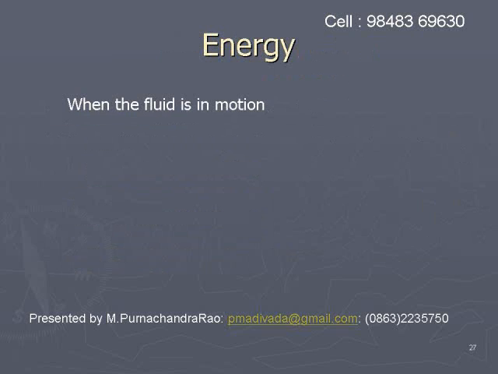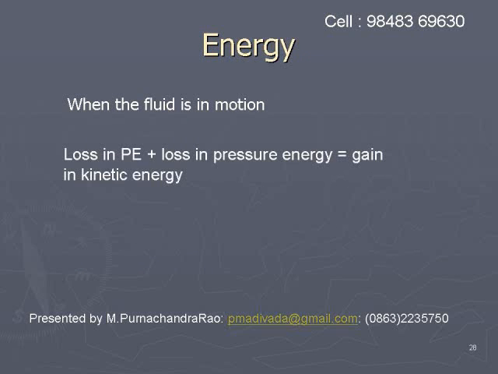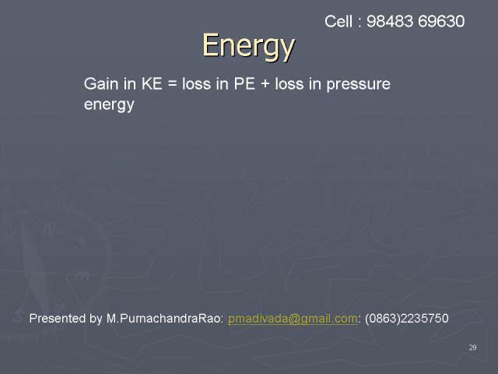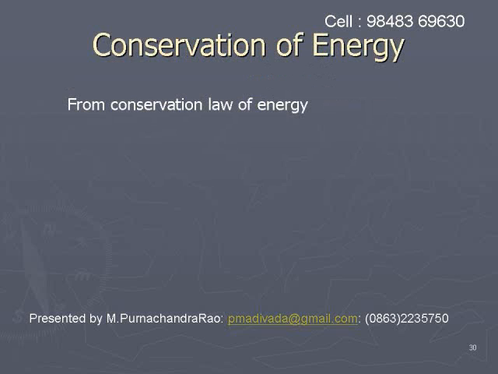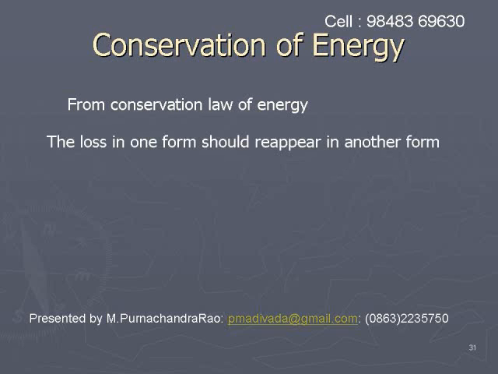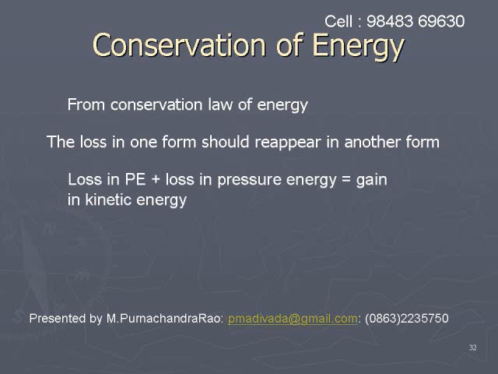When a fluid is in motion, the loss of potential energy and the loss of pressure energy will be equal to the gain in kinetic energy. From the conservation law, the total energy should remain constant, so whenever there is a loss in one form, it appears in another form.